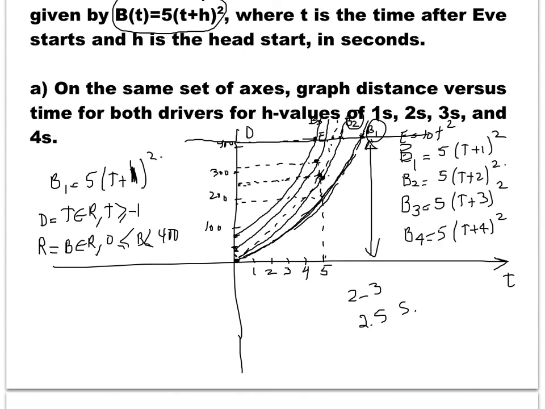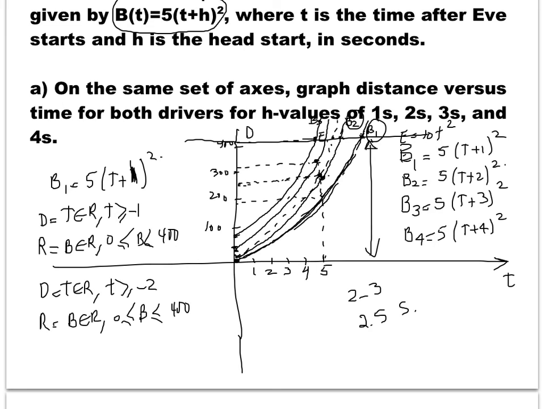Now, if you look at the 2-second head start, we are going to have exactly the same type of domain. Our domain is going to be all real numbers, but this time the t value has to be greater than or equal to -2. And the range is going to be the same thing. B has to be in R, and B has to be less than or equal to 400, greater than or equal to 0. And the same for B3 and B4.